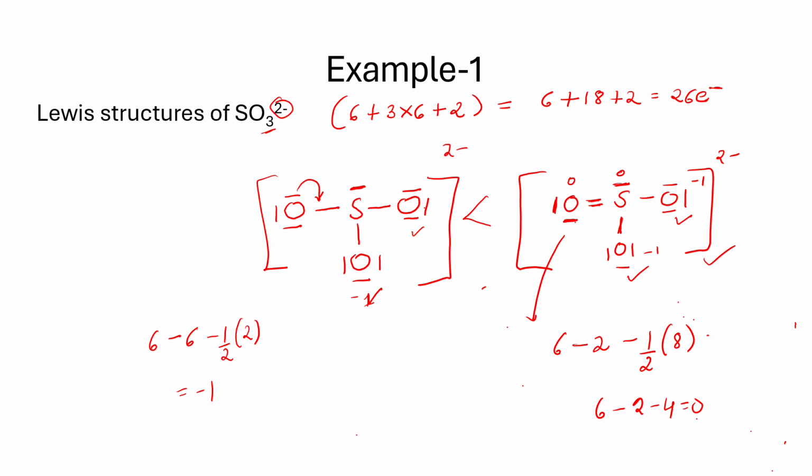And because there is no charge separation, the overall energy of this entity is going to be lower. That being said, this doesn't mean that the structure on the left is incorrect. It just means that the overall contribution to the resonance hybrid by the structure on the right is going to be more than the structure on the left because that is more stable.